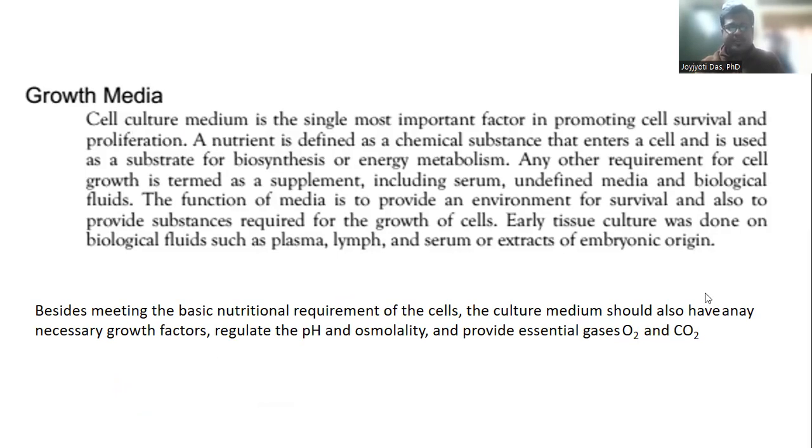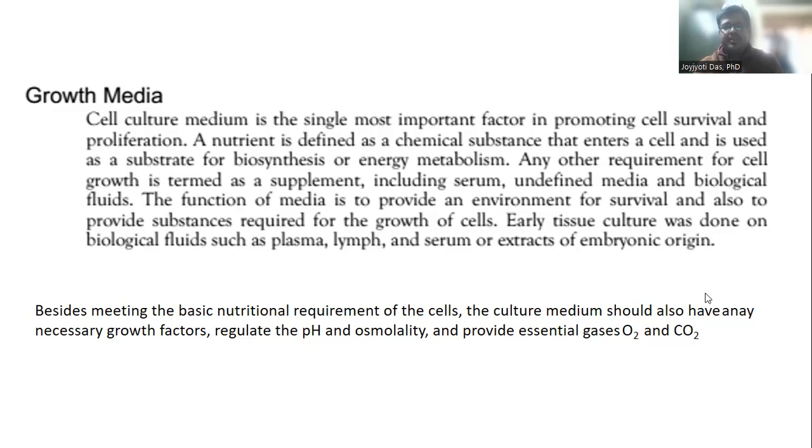If you're growing the cells in controlled conditions in your laboratory, you have to provide them with nutrition that matches with that of the host the cell belongs to. And so medium is going to play a very crucial role.